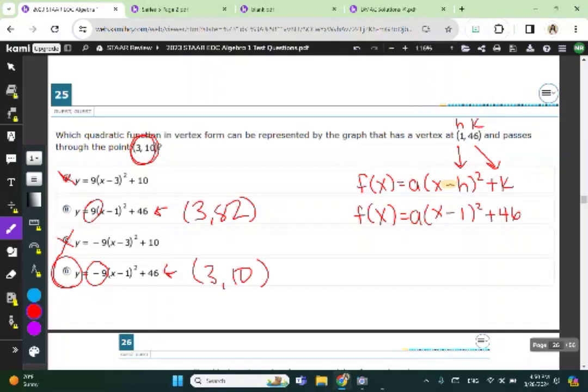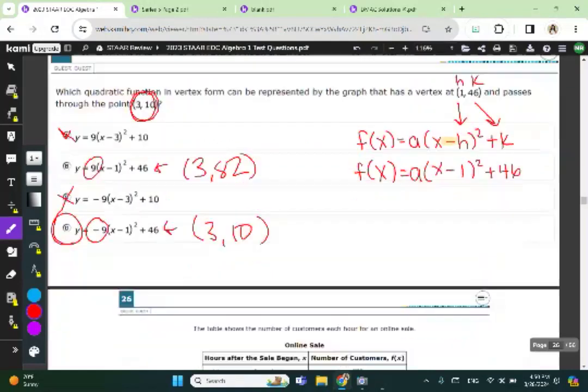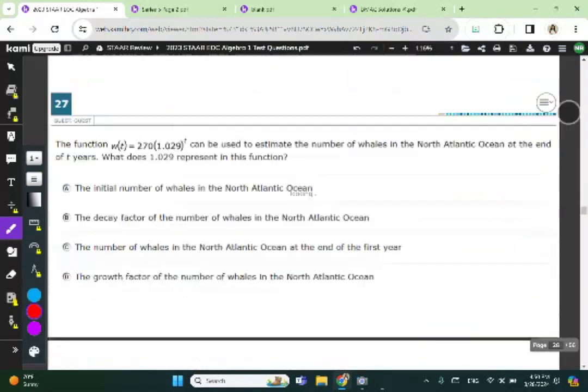Okay. The next problem, that's 25 all the way to 31. 31 is a sequence. That is one that we actually just learned this week.